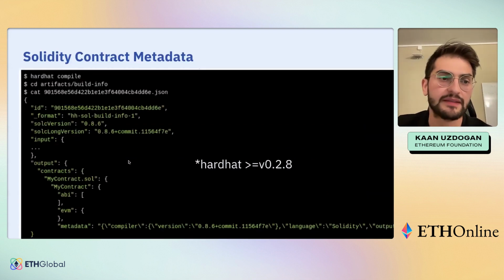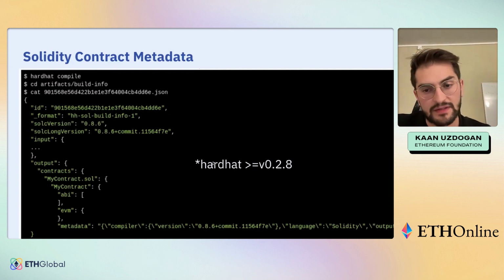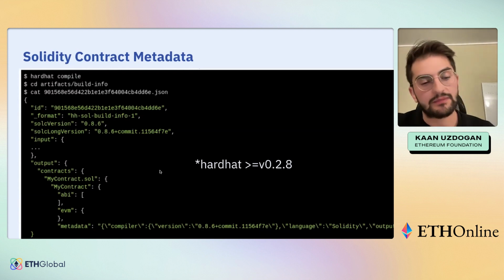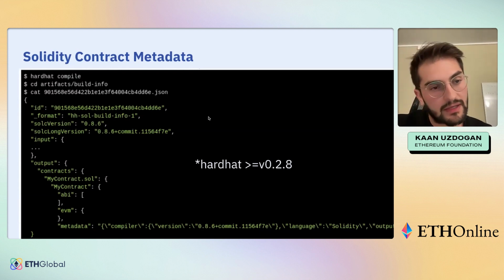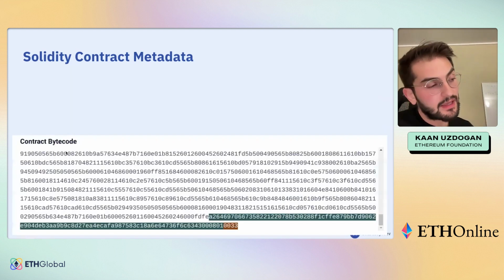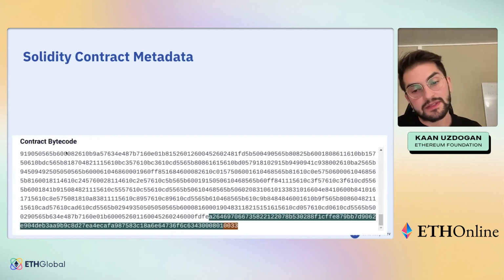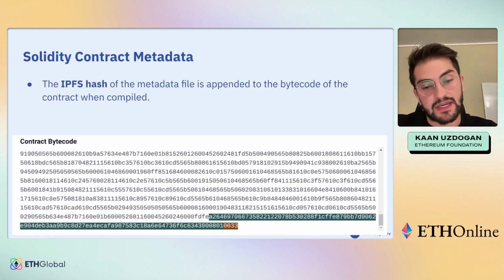If you're using Hardhat, it is also in the artifacts. And since Hardhat version 0.28, you can find the metadata of each contract in the large build file. It is also embedded in your contract bytecode, but not the metadata itself, but the IPFS hash of the metadata file is appended to the bytecode of the contract when compiled.